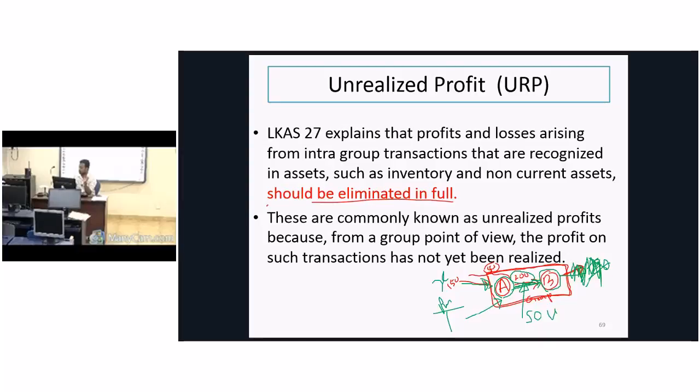We call it unrealized profit. Understand? So the artificially added profit which is not realized to the group, we call unrealized profit to the group. What the standard says: unrealized profit should be eliminated in full. Understood?